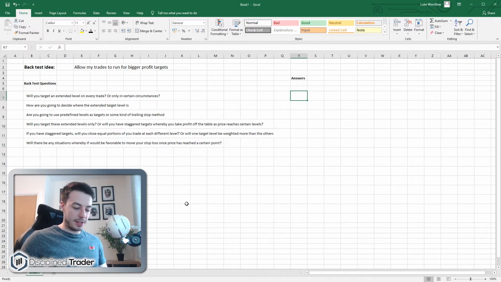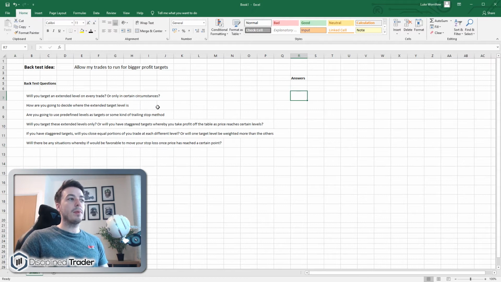Then when I come to do the analysis, I can say overall profitability of targeting extended levels is X. Only targeting extended levels under these circumstances, and then decide what those circumstances are, that yields a profit of Y. Only targeting extended levels under some different circumstances, that yields a profit of Z, and then whichever is the most profitable out of those, the different permutations of the things that you do, there's your answer. So that's how I would go about working that one out.